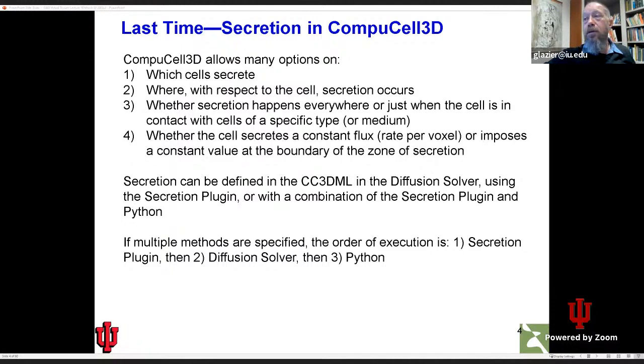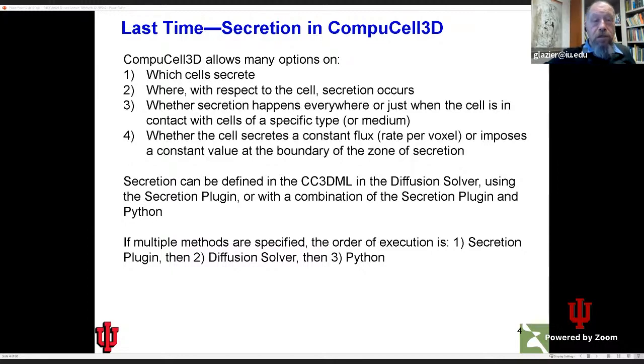But you can define secretion in a whole variety of ways, particularly which cell types are going to secrete, where, with respect to the cell secretion occurs, whether secretion happens everywhere, only on contact with certain other cell types, which is something which is pretty useful.